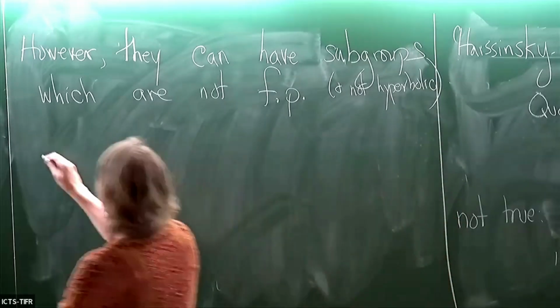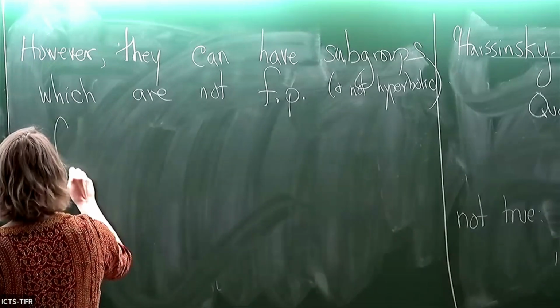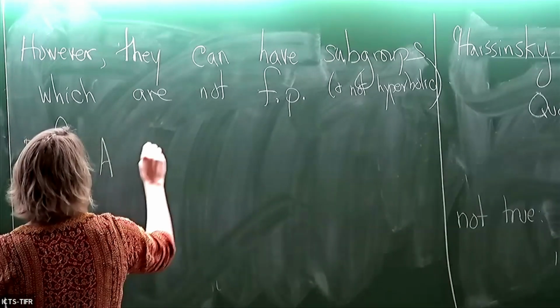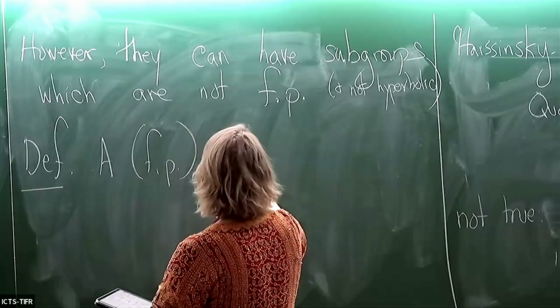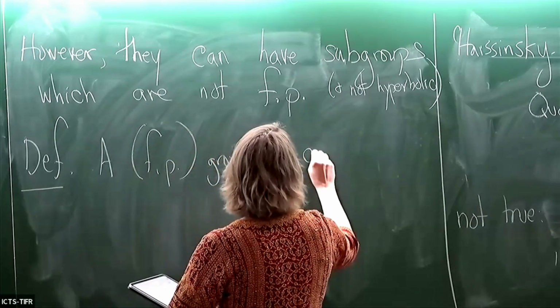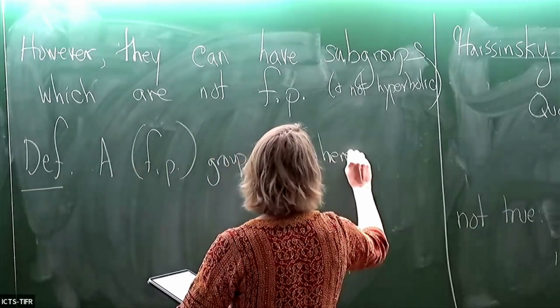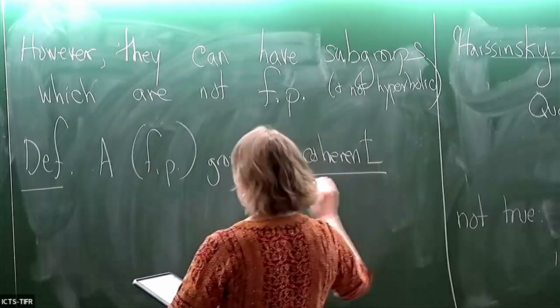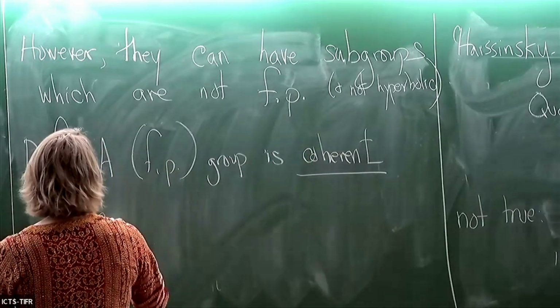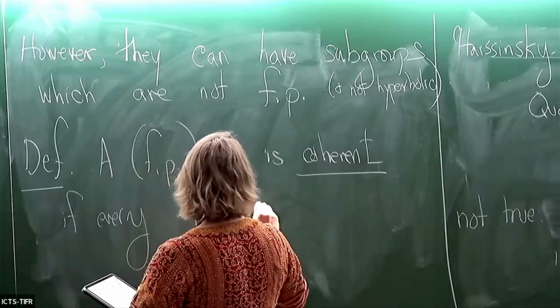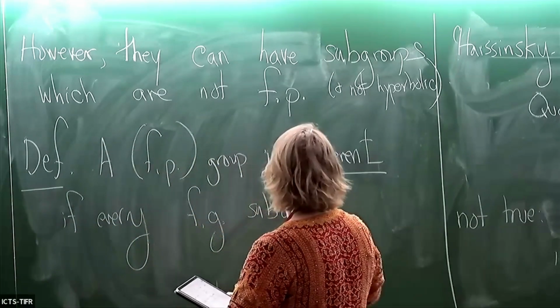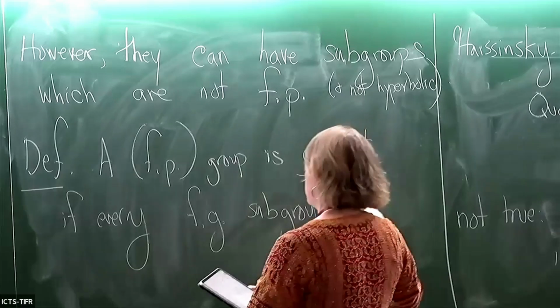So let me just make a definition. A finitely presented group, so I'll always start with a finitely presented group, is coherent if every finitely generated subgroup is finitely presented.